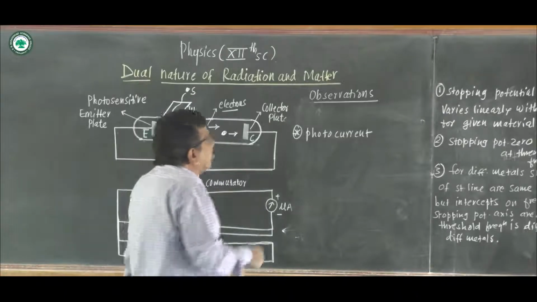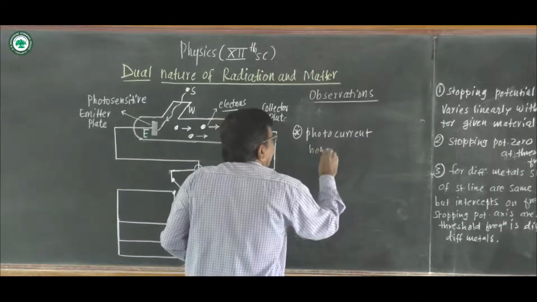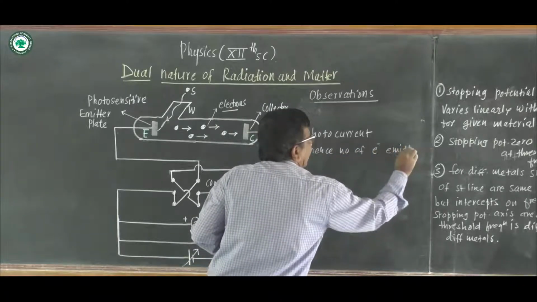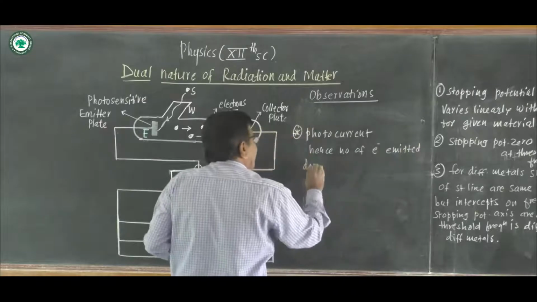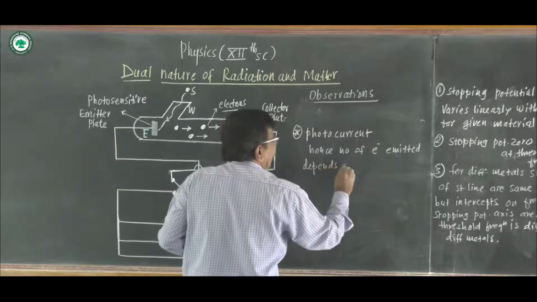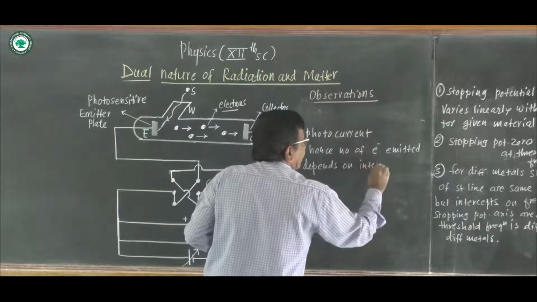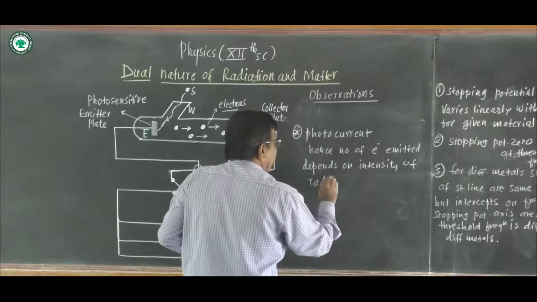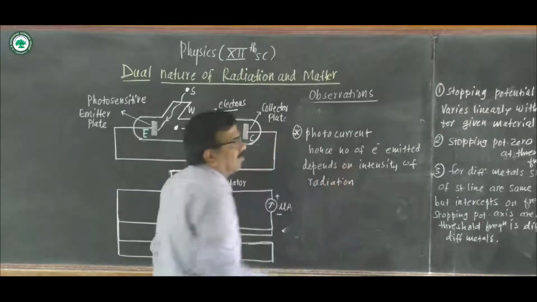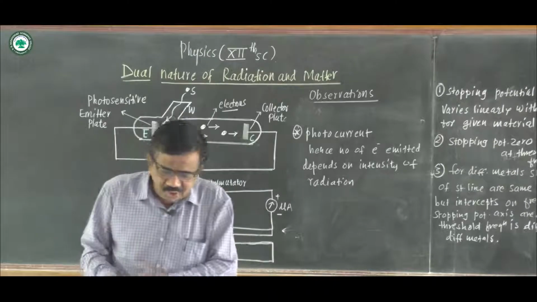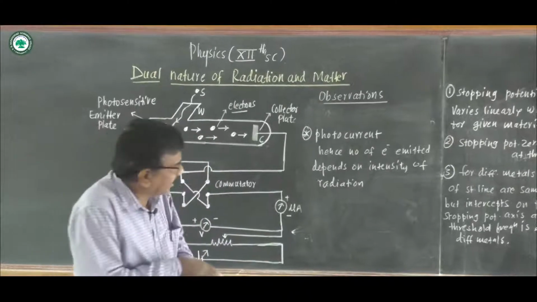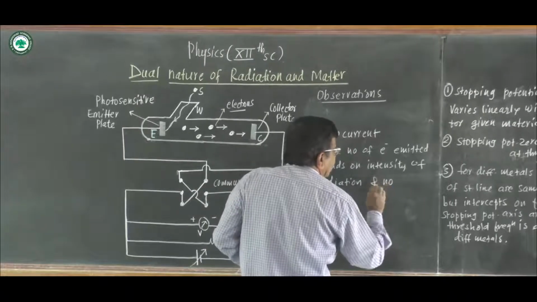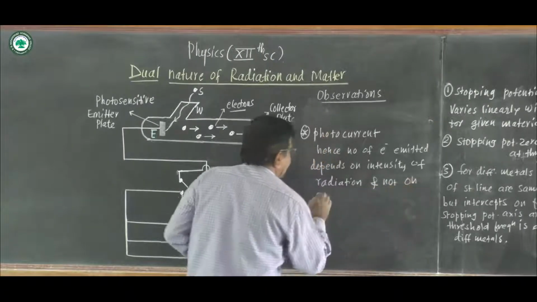Hence the number of electrons emitted depends only on the intensity of radiation. Photocurrent or number of electrons depends only on intensity of radiation and not on the frequency of radiation.